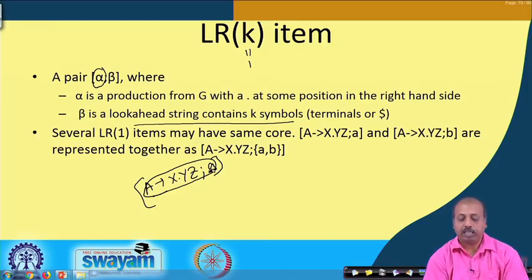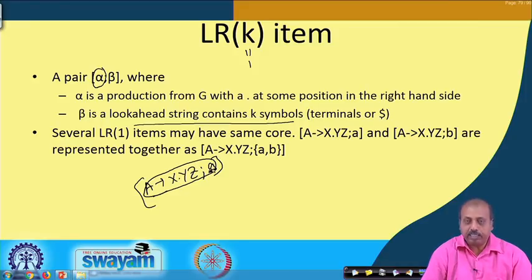Now, since the items have two parts, one part is a rule with a dot somewhere and the other part is a terminal symbol or a terminal string, there may be several such items where the rule part, the rule with dot, is the same. What differs is the beta part.